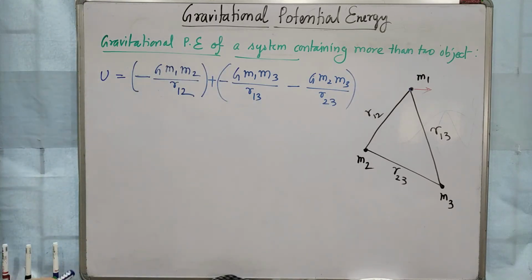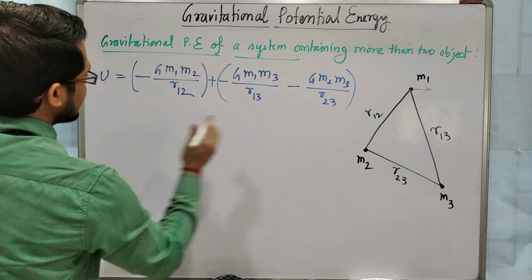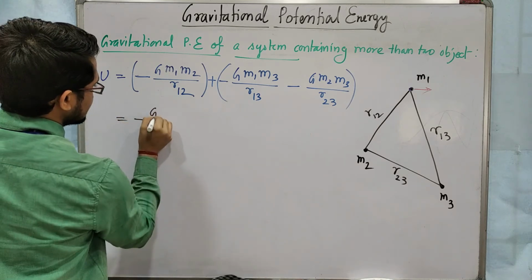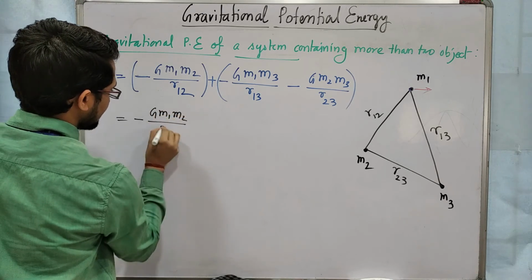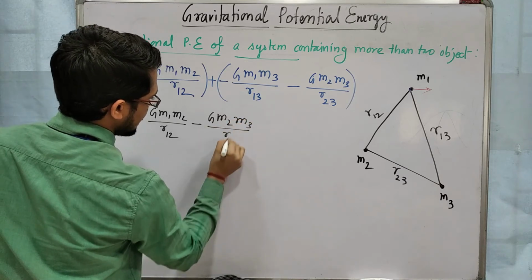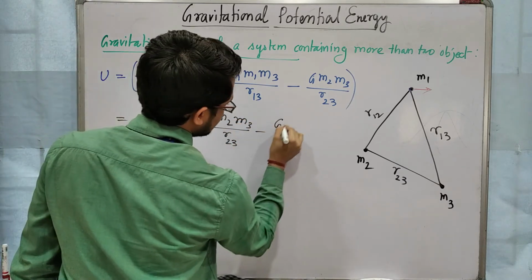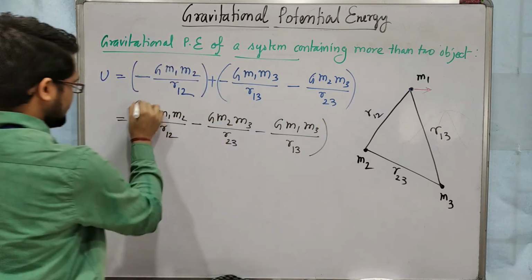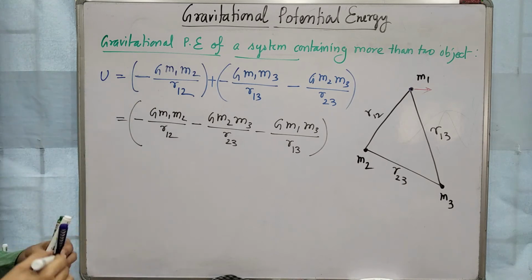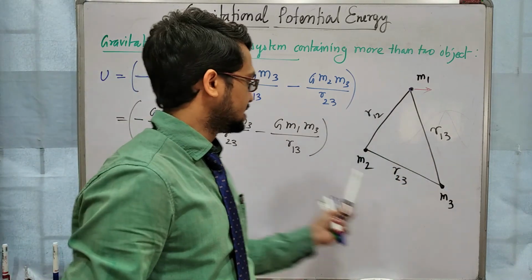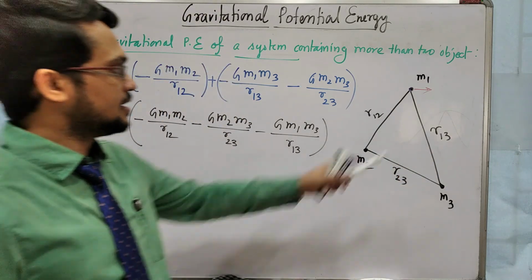Look at this carefully: we are only taking the combinations of two masses. So we take G m1 m2 by r12, G m2 m3 by r23 and G m1 m3 by r13. Here we are getting only the potential due to these three objects when taking their combinations.